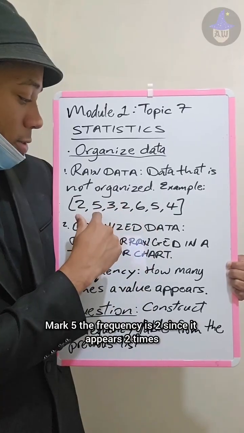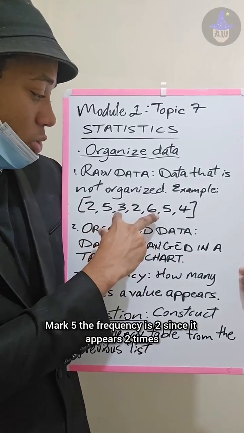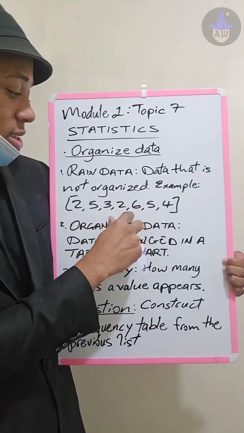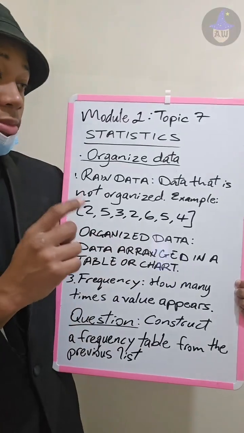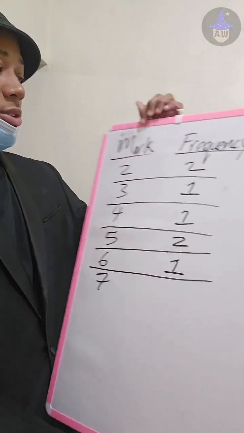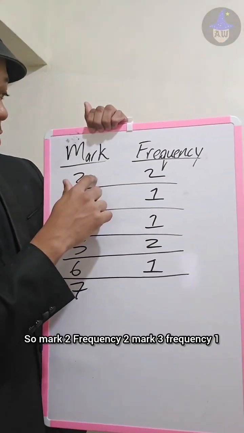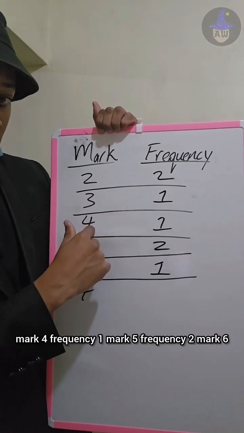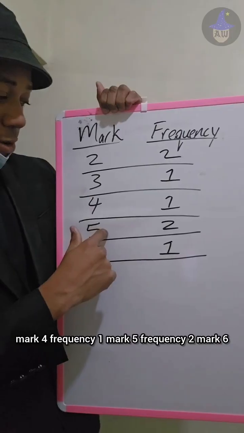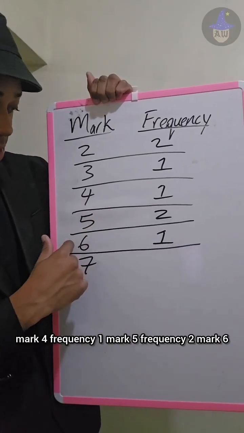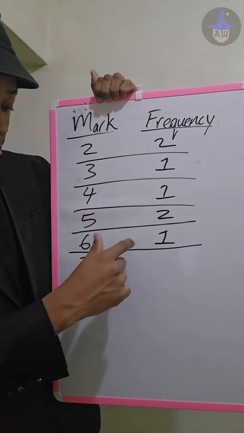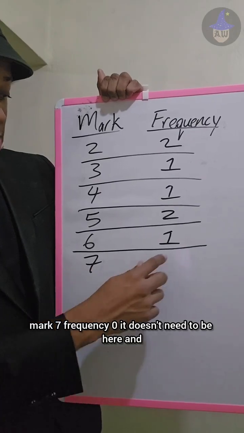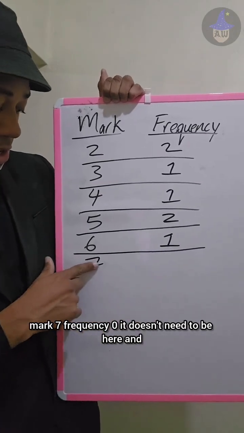In mark 5, the frequency is 2 since it appears 2 times. And then mark 6, frequency is 1. Here's the table. So mark 2, frequency 2, mark 3, frequency 1, mark 4, frequency 1, mark 5, frequency 2, mark 6, frequency 1, mark 7, frequency 0. It doesn't need to be here.